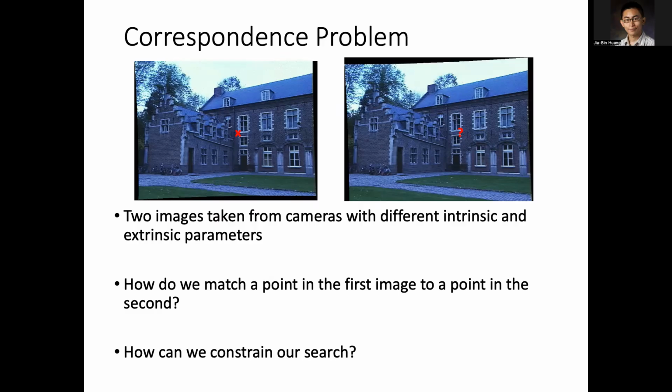So the question is, how do you search for the correspondence in the right image? We already talked about several different methods to find correspondence. Can anyone give me some example? If I have a patch, a point on the left-hand side, what are the possible methods that we can use to do this match?